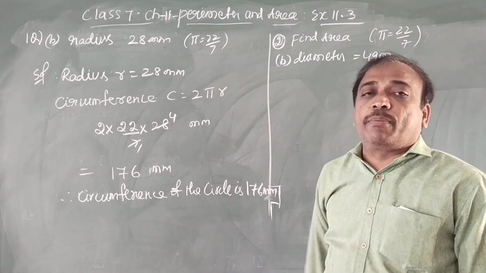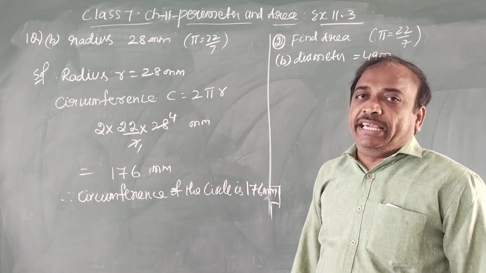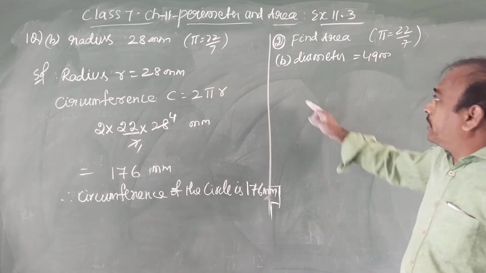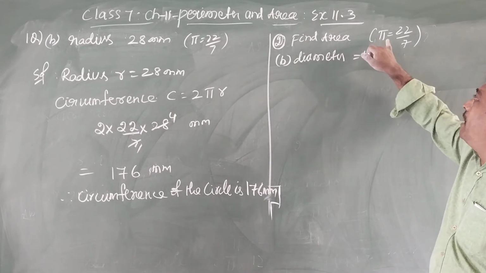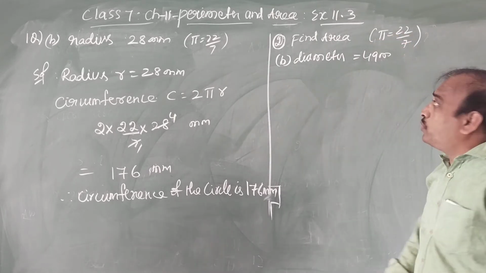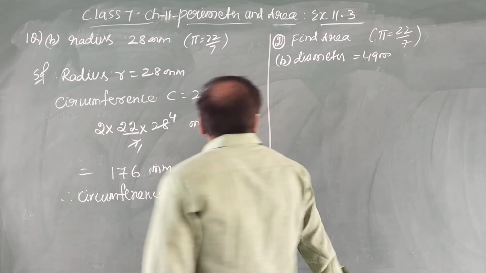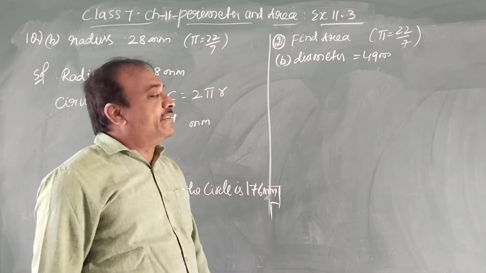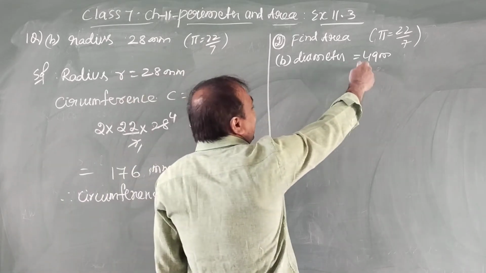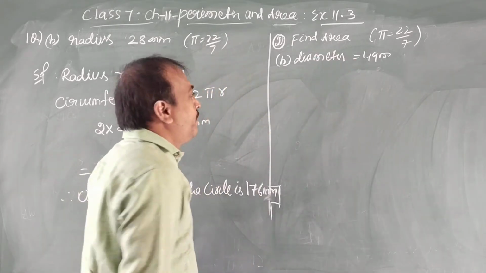Like this we find it; if they directly give the diameter, you can use the formula pi d. Let us see question number 2: find the area, pi is equal to 22 by 7, whose diameter is given as 49 meters. Here the diameter is given and you are finding the area.